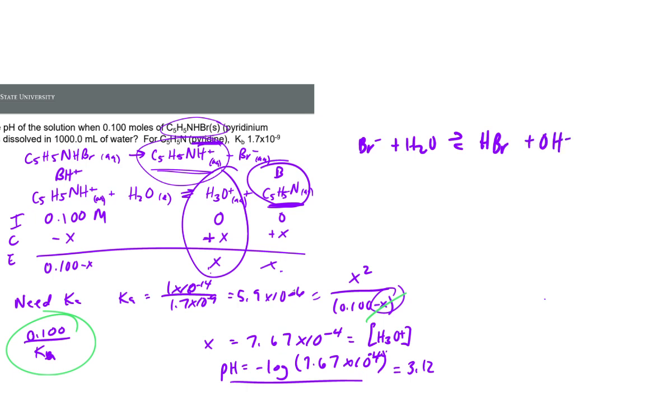But we know that HBr is a strong acid, and so this reaction won't occur, which means Br minus is completely dissociated. And so Br minus does not affect the pH of the solution. Any of the anions of the strong acids don't affect the pH. Any of the cations of the strong bases don't affect the pH, and those are nice and easy to recognize, the group 1 and 2 elements.